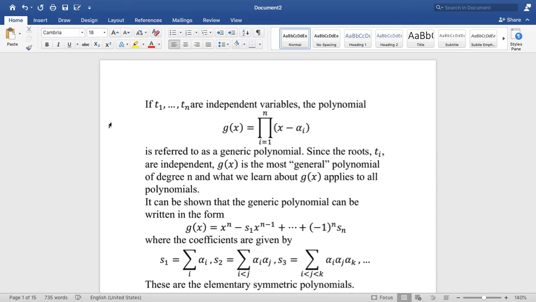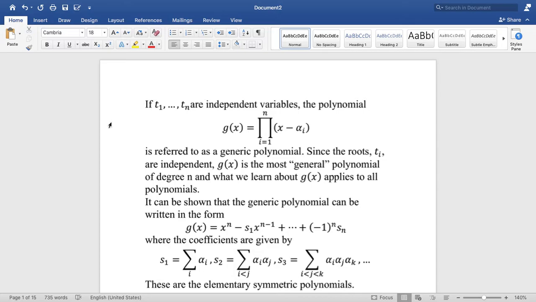So we want our solutions to simply be a result of adding, subtracting, multiplying, dividing rational numbers and the coefficients, and also taking square roots, nothing more. All right? And we want it to be general. By general, we mean that we don't have repeated roots. We want every root to be unique.